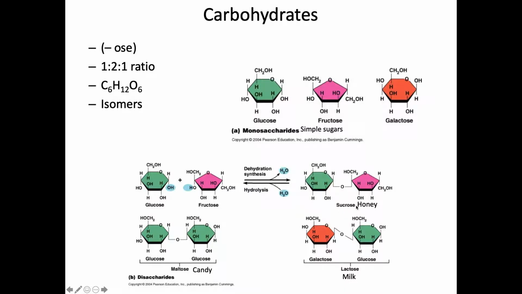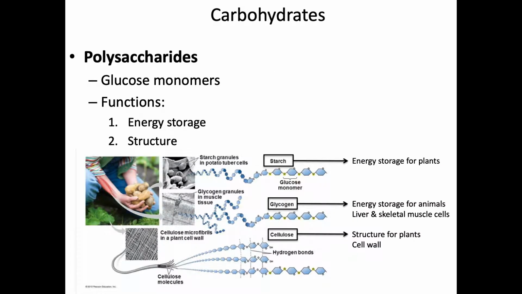So sucrose is a disaccharide, maltose is a disaccharide, lactose is a disaccharide. Di means 2, saccharide means sugar. Polysaccharides. A lot of times polysaccharides are made up of glucose monomers. Remember, poly means more than 1.